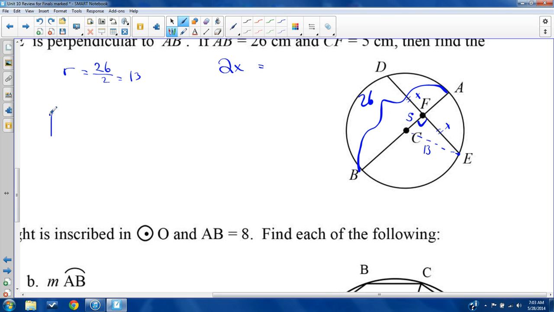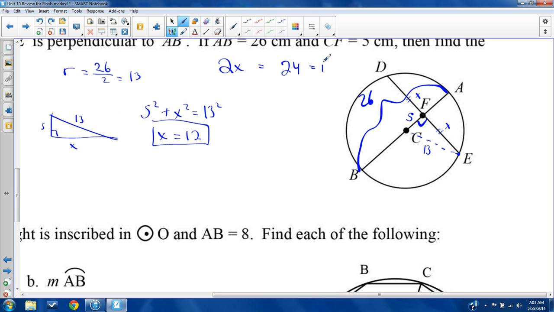A right triangle with lengths 5 and 13, and we need to find x. Pythagorean Theorem would say 5 squared plus x squared equals 13 squared. But to save you time, this is a 5, 12, 13 special triangle. So x will equal 12. If x equals 12, 2x equals 24. So the length of DE is 24.